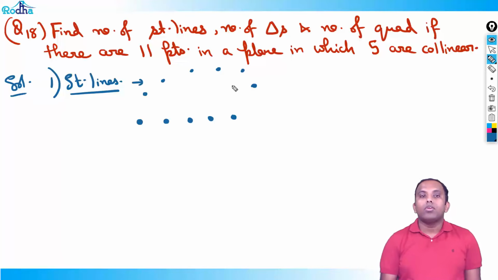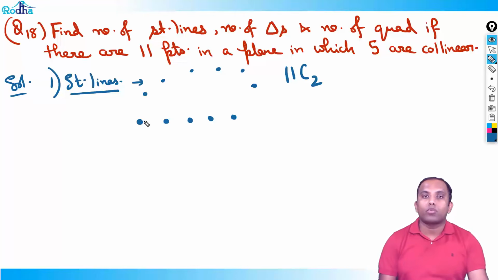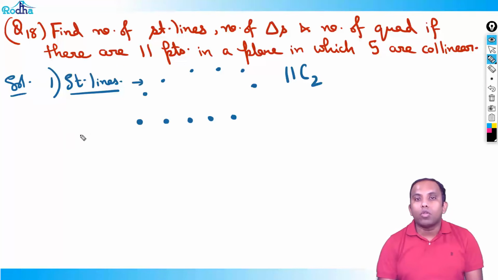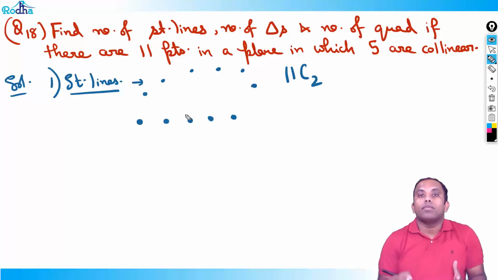How many straight lines can I draw? If all the points were non-collinear, I could draw 11C2 straight lines. But what will happen if these points are collinear? If there are 5 non-collinear points, they will give you 5C2 straight lines.